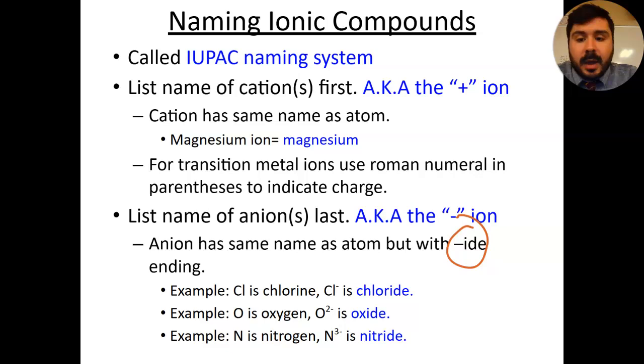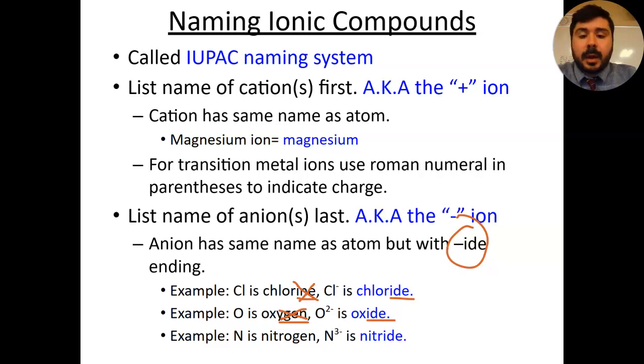For example, chlorine on the periodic table ends with INE. We remove the INE ending and replace it with the IDE ending, turning chlorine into chloride. Same thing with oxygen, but there's a little more chopping involved. Oxygen removes the last four letters, YGEN, and gives us oxide, IDE.